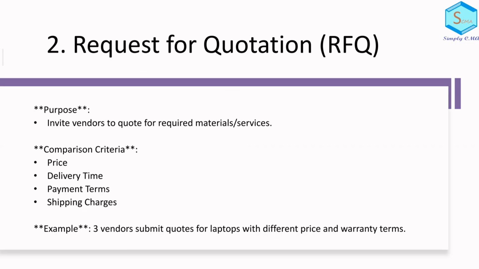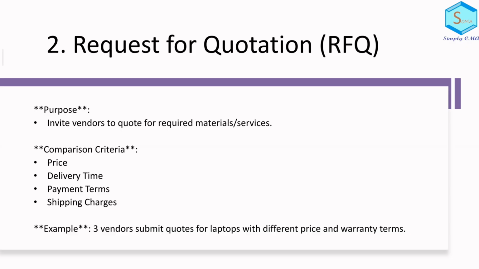request for quotation, that is RFQ. Once the PR is approved by the manager, procurement sends out RFQs. Procurement means the purchase department. Once the PR is approved, the purchase department's role becomes active.